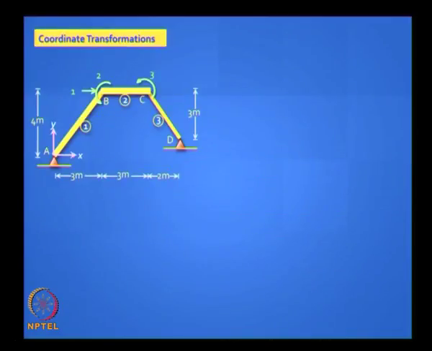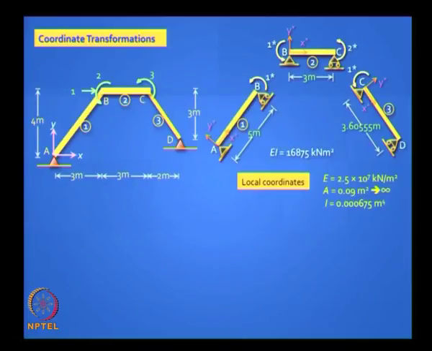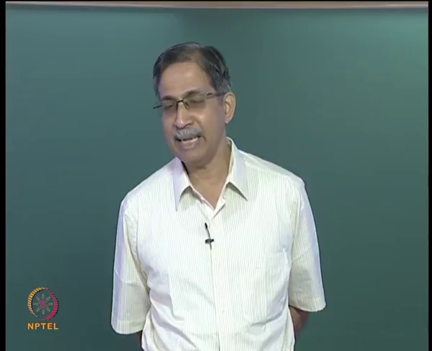Okay, so I've got 3 degrees of freedom, global coordinates 1, 2, 3. That's all I need. Local coordinates, again I take advantage of the fact that there is a hinge at D, A and D. So my 2 degree of freedom beam model will now become 1 degree of freedom model. What I have achieved is a massive reduction in the quantum of work.